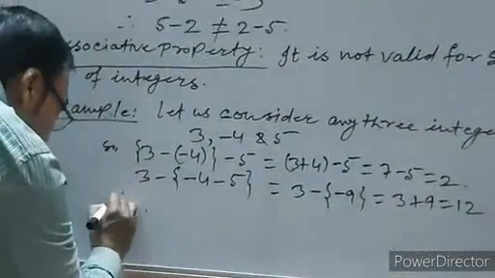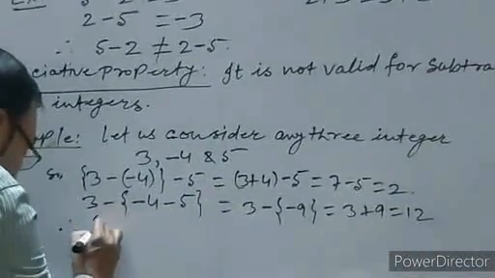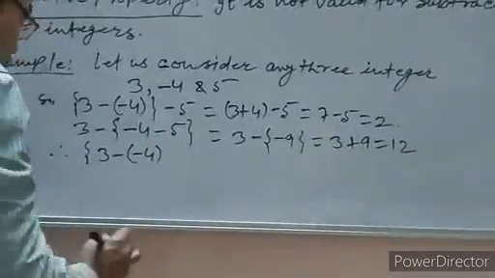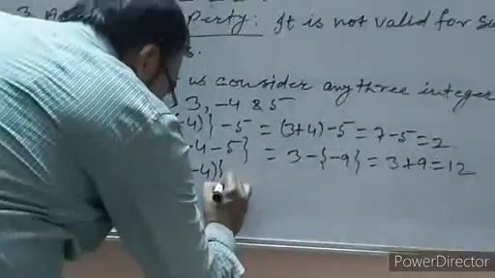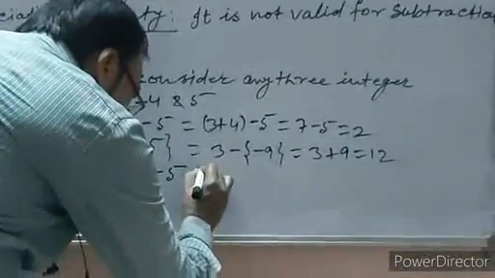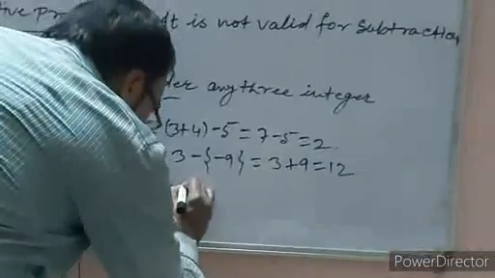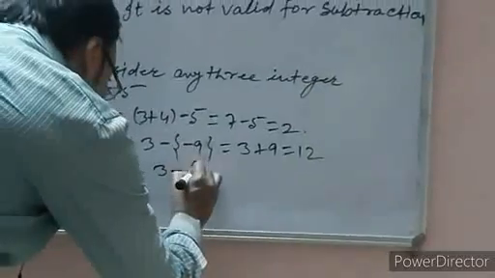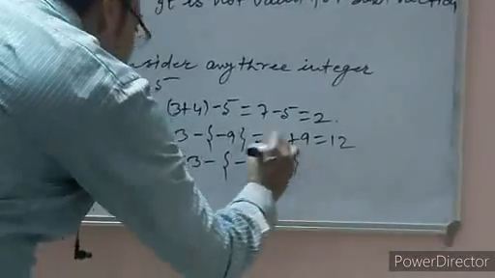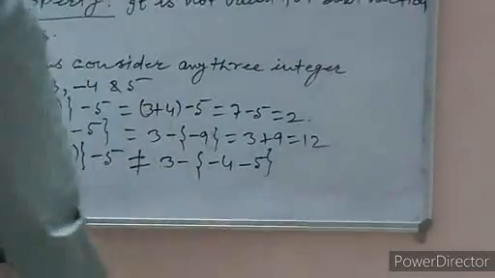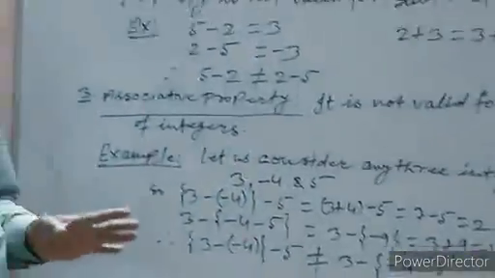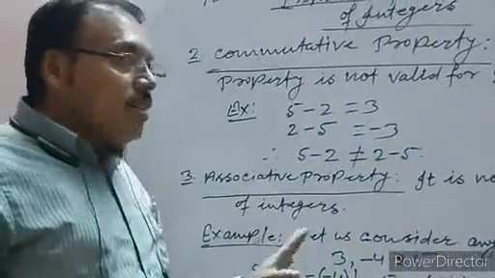Therefore 3 minus 4 minus 5 is not equal to 3 minus, 4 minus 5. Okay, so associative property is also not valid for subtraction of integers.